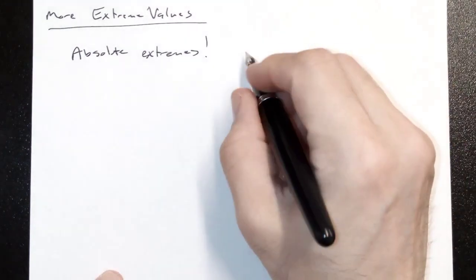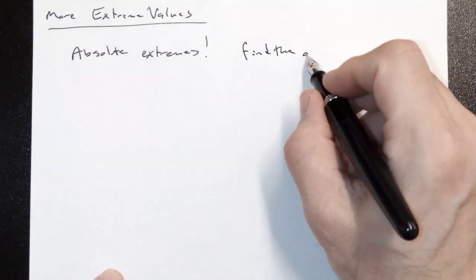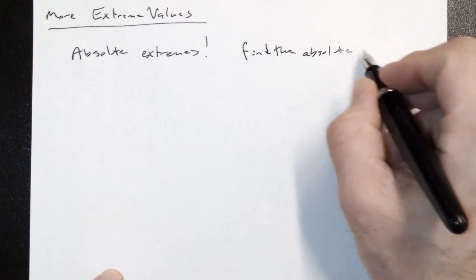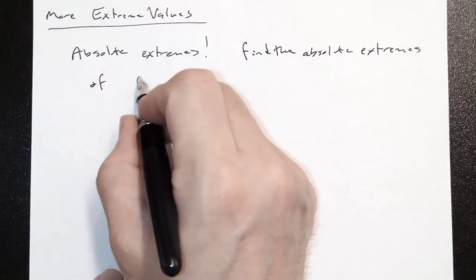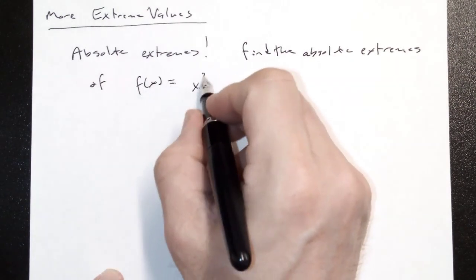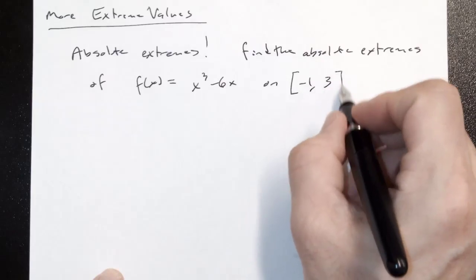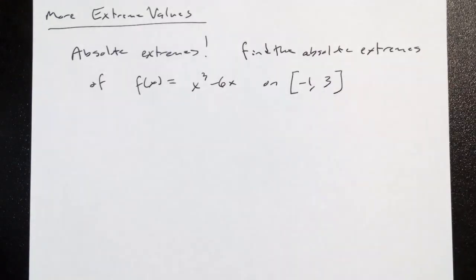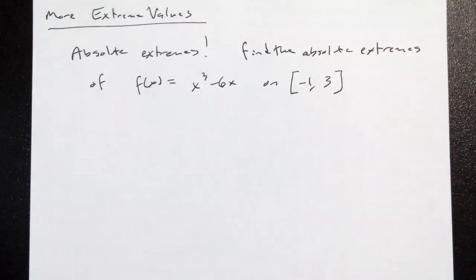So, for example, that closed interval there guaranteed me that I would have a maximum and a minimum absolute behavior.